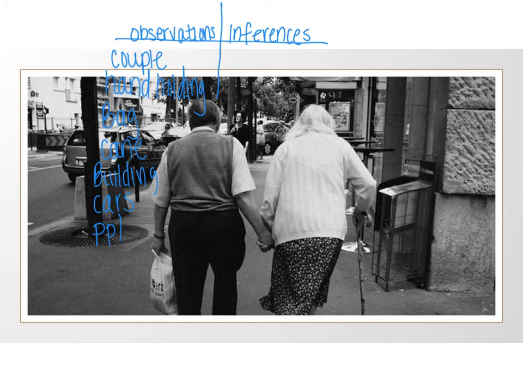Then I'm going to go ahead and write my inferences down. So inferences are conclusions that I can draw using those observations. So 1, I see 2 people. I'm going to make the inference that they're married. So the reason I get that is I see there are 2 people, they're holding hands. I'm going to infer they are a married couple.